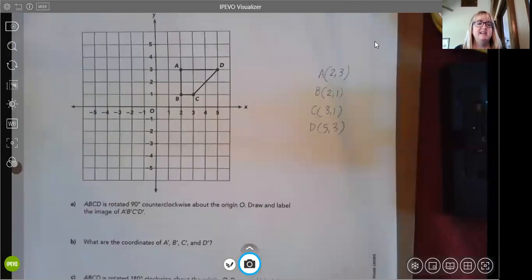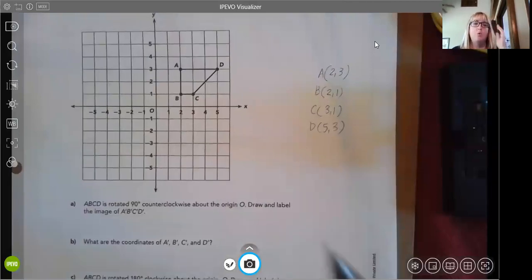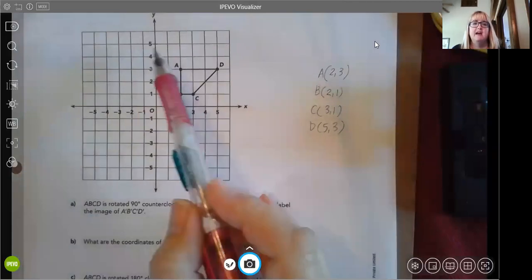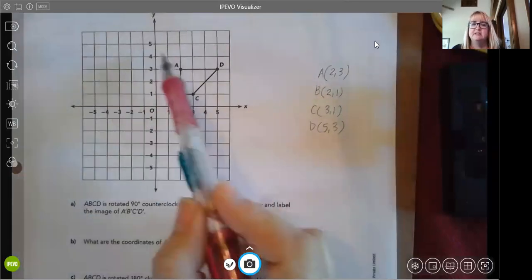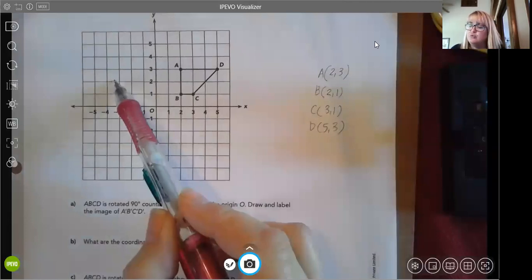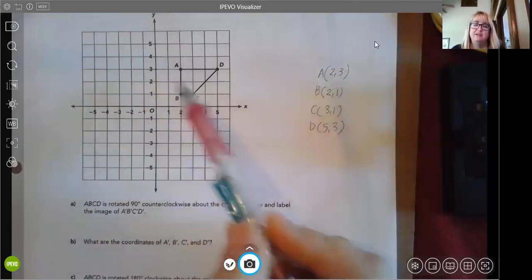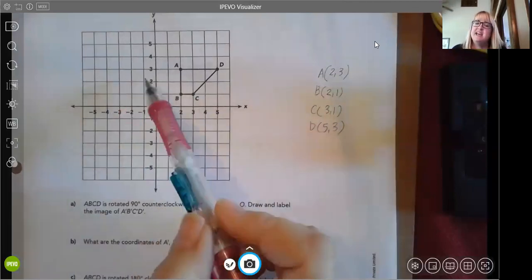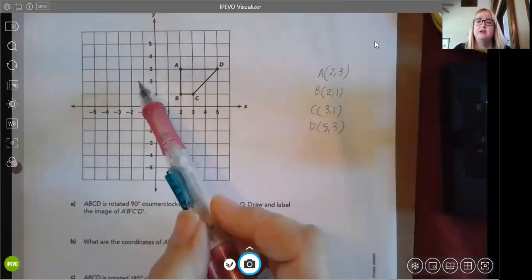Okay, ABCD is rotated 90 degrees counterclockwise. So we've got to figure out what quadrant we are moving to. Here's our original. Counterclockwise, we're moving to the left 90 degrees into this quadrant. Now I need to draw this in this quadrant, but it's a little bit tricky because I need to take each point on its own.